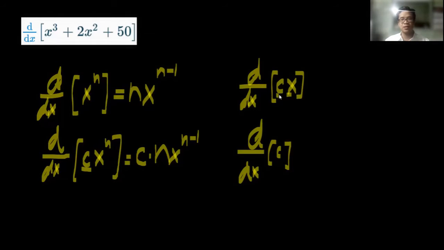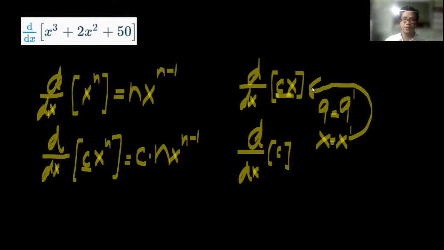For example, I have 9, which is equal to 9 raised to 1. x is just the same as x raised to 1, which is similar to the rule here.